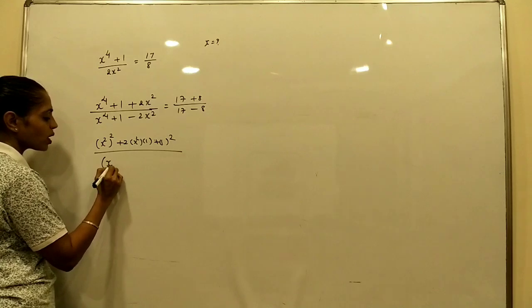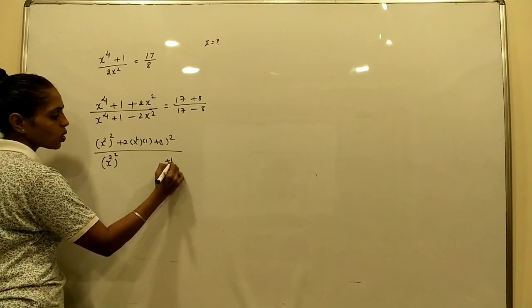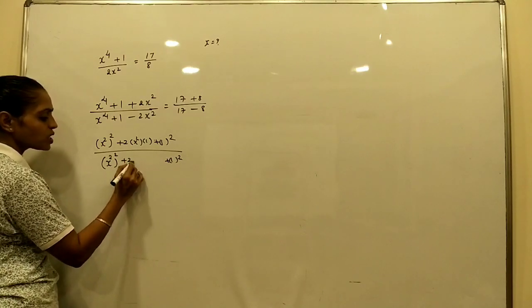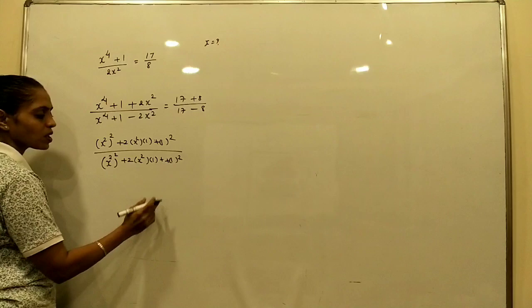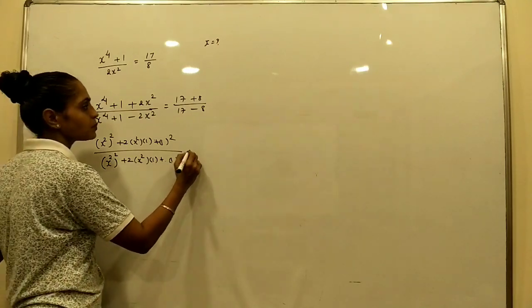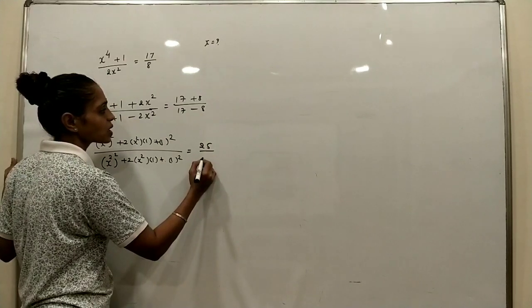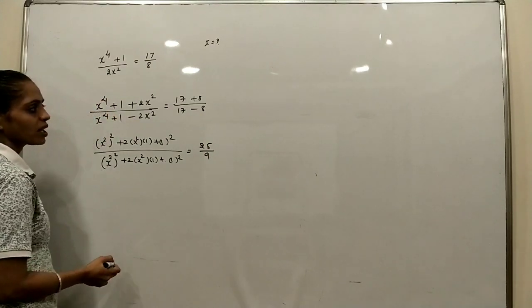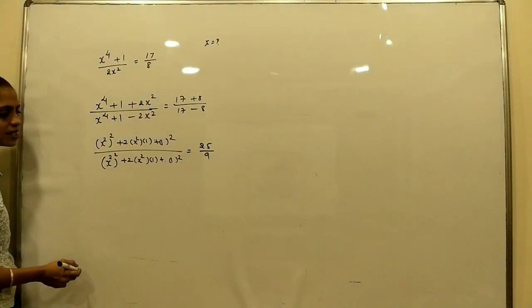Okay? And by the formula, a square, b square, the fourth power is 1 squared, and the middle term is 2 into x square into 1, with the plus or minus sign. 17 plus 8 is 25, and 17 minus 8 is 9.